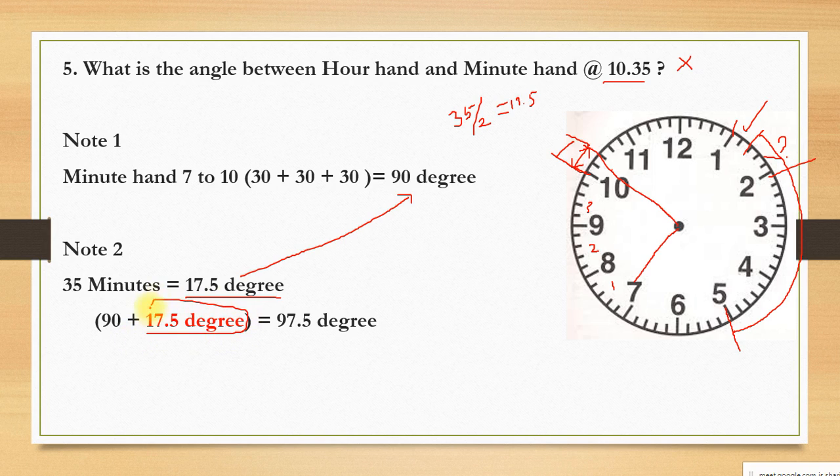I have marked it as very careful since until our previous problem we have found the remaining value, in the sense that from 30 degree we subtracted 17.5. Here we have to use this particular value in this manner, on the right hand side part of the clock.